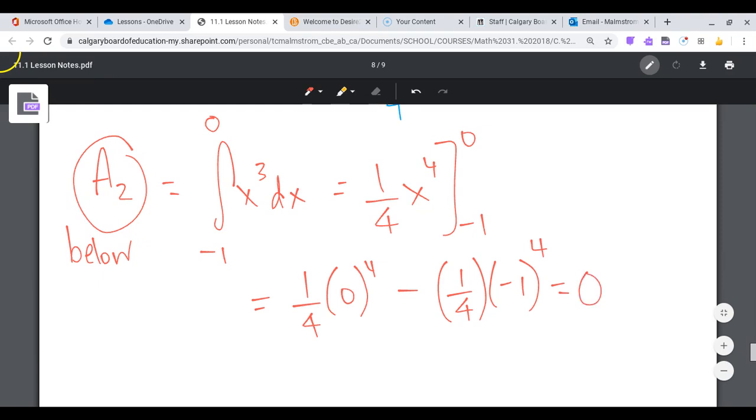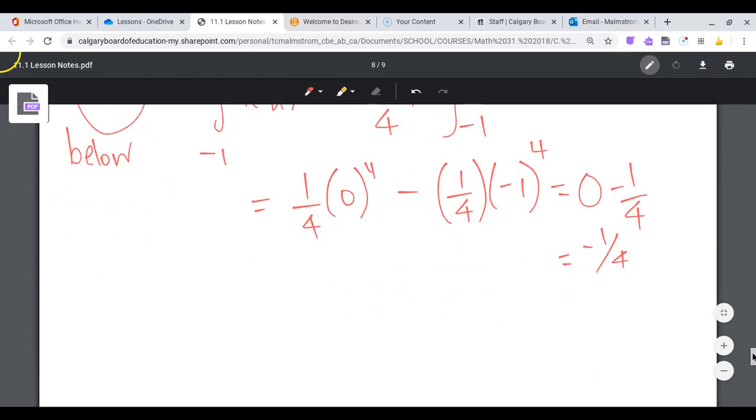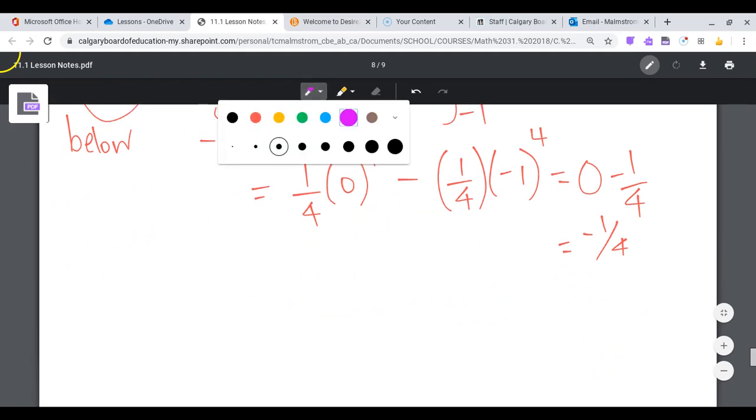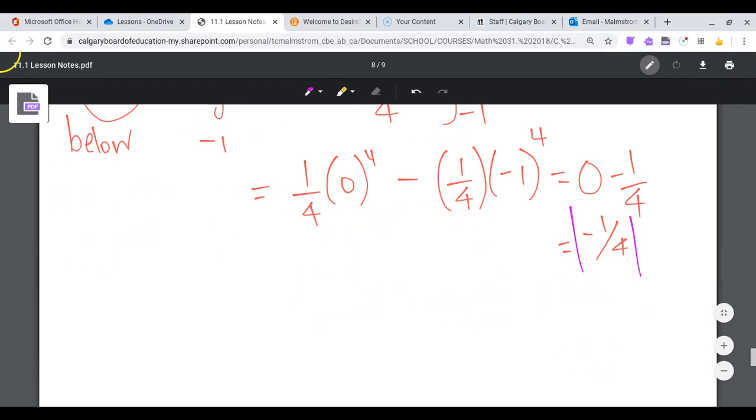So this is 0 minus 1/4. So that's equal to -1/4. But if it's representing area, we know area has to be positive. So this is where we would take the absolute value of that, and the area of region 2 is actually 1/4 units squared.